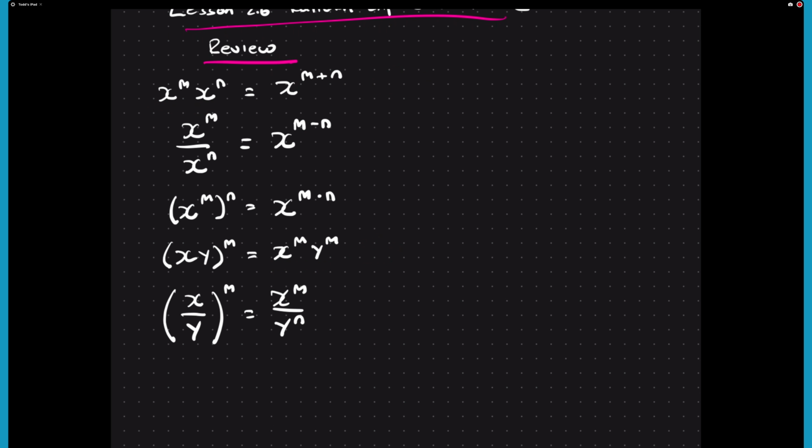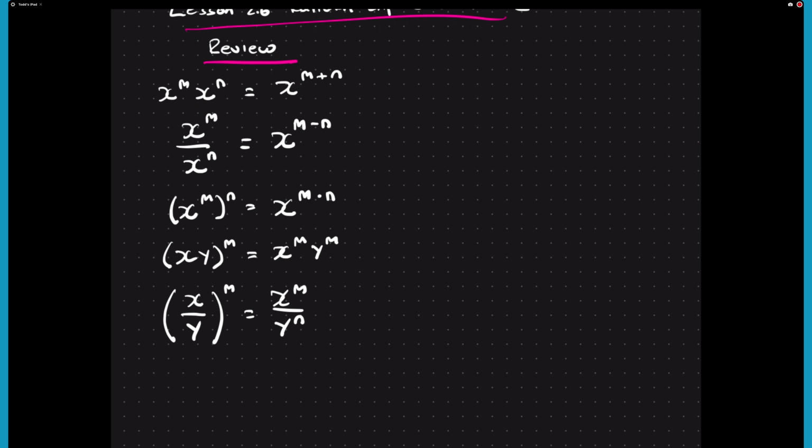Let's continue with a few more of the rules in our review section. If I have x raised to the power of a negative exponent, that is going to equal 1 over x with that same exponent, but now it's positive. And in the reverse, if I've got 1 over x raised to the power of a negative exponent, we just bring that up to the top, so it's going to be x to the power of m.